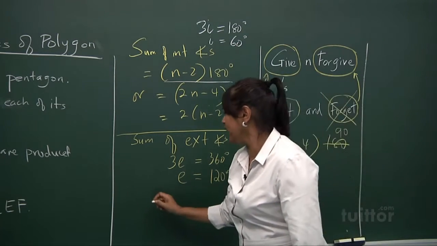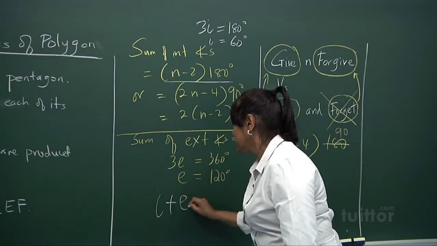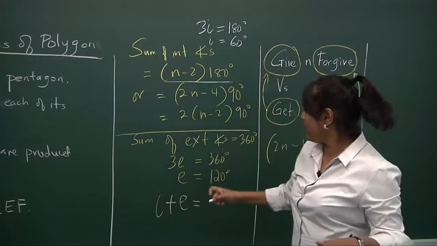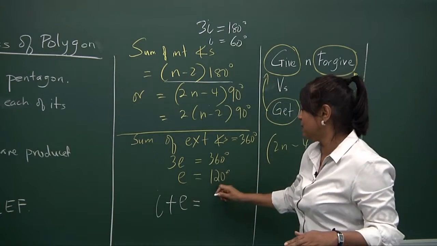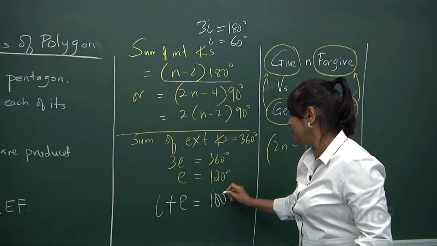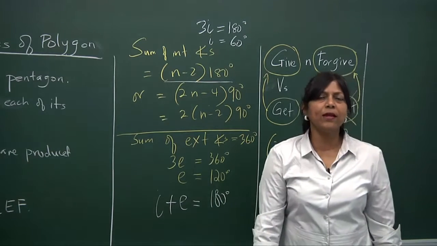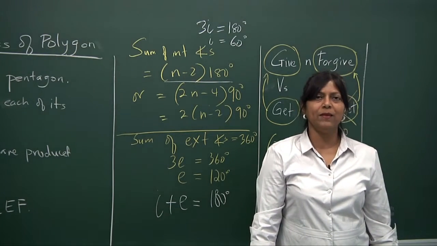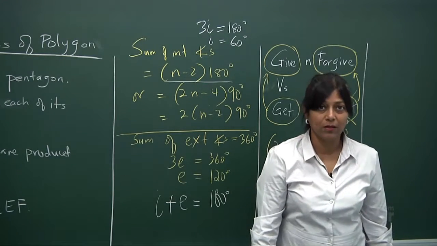And you find that the interior plus the exterior always becomes a straight line, and when you add them up, it's always 180 degrees, whether it's a regular or an irregular polygon. When you say the word regular, it means that all the sides are equal.